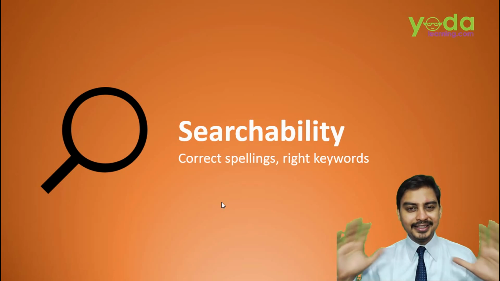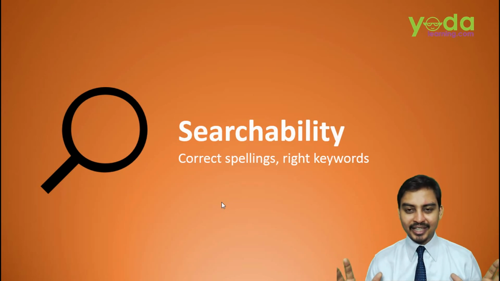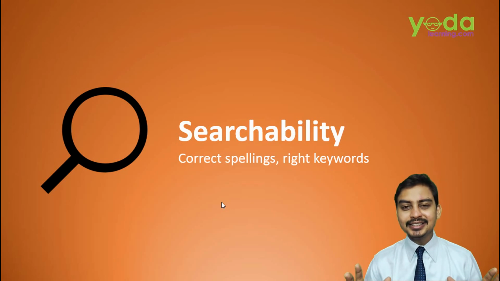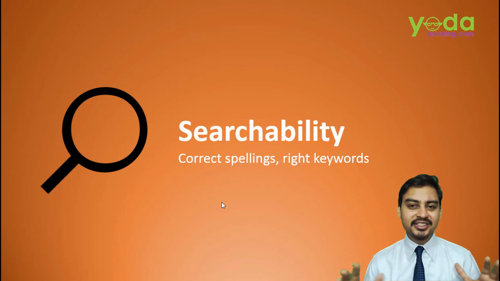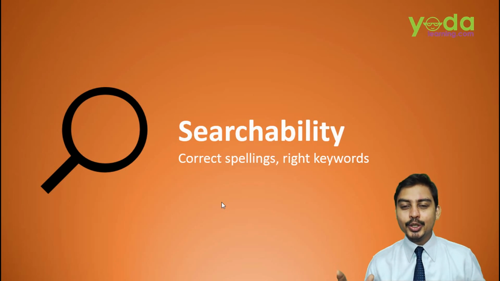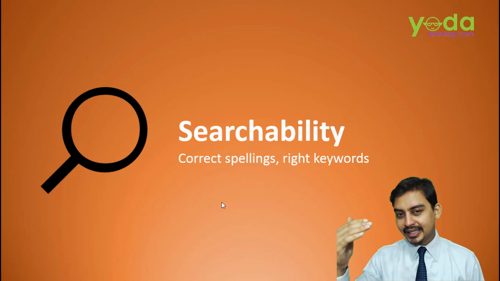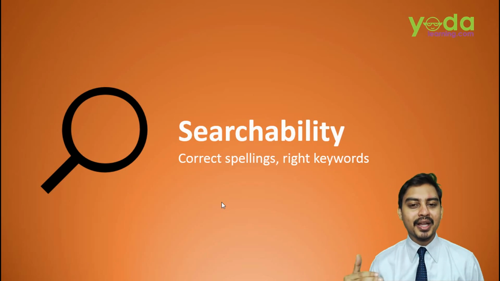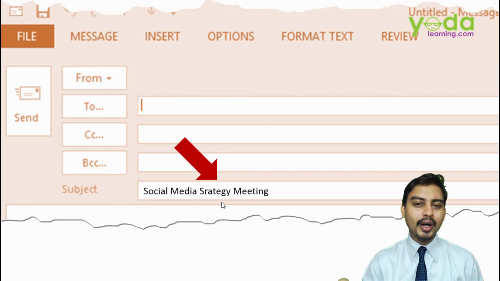Now, all these tricks that we discussed enhance searchability. So when you look for a particular subject line later, from the search box of your email client, you can easily type in the word, maybe the date, maybe the tag, and it is easy to filter them out. So this enhances searchability. Now, before I proceed, just one more point, please avoid any kind of spelling mistake creeping inside the subject line.